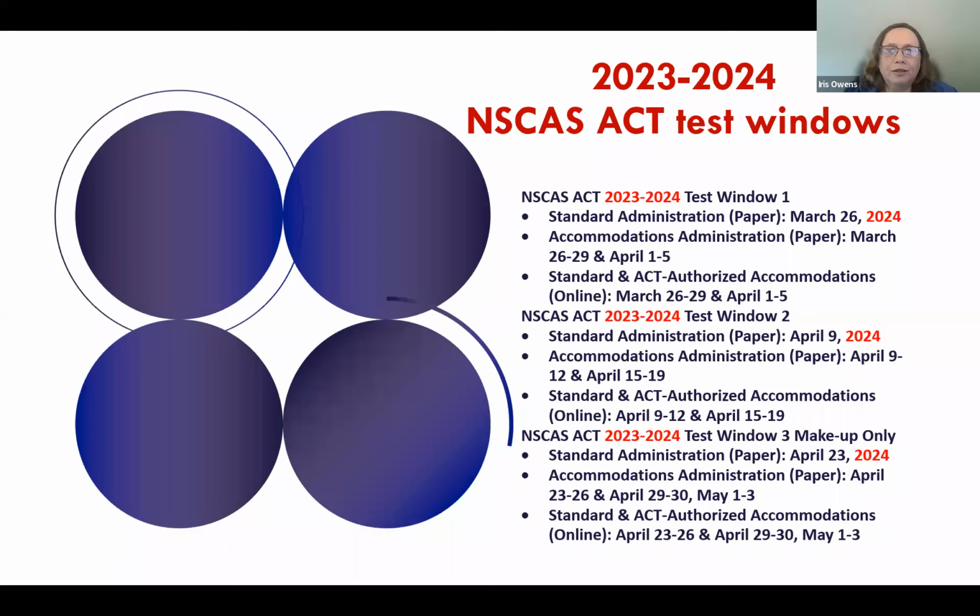You will notice that in the standard and ACT authorized accommodation dates for online testing, each test window has 9 test dates instead of 6. So they've extended the online testing dates and have a total of 27 test dates for online testing.